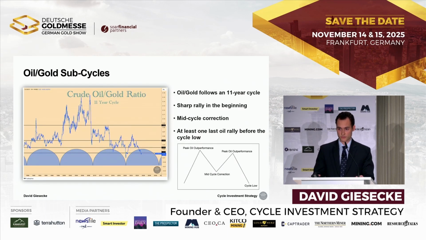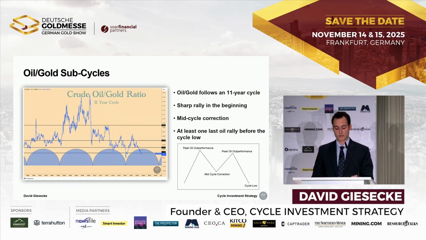What is very interesting is that this flip-flopping correlation between oil and gold follows similar patterns. The crude oil to gold ratio follows an 11-year cycle.